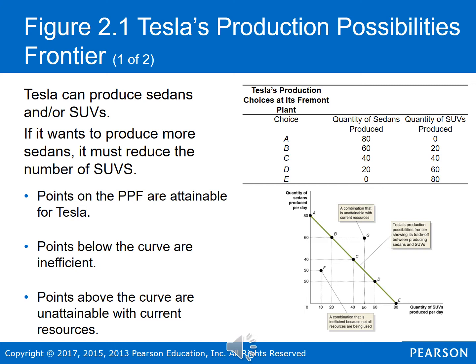So all the points on that line running from A to point E, so A, B, C, D, but then all the spaces in between there, those are attainable for Tesla. Those are possible for Tesla to make, given the resources that they have. And that line is not only attainable, but they're efficient. Any combination that's going to be on that line is going to be efficient because the resources are being fully utilized.